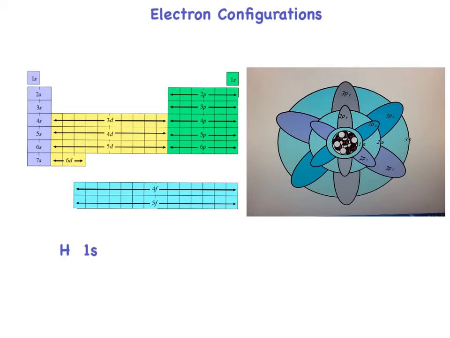And since hydrogen has 1 electron, I'm going to indicate that on my electron configuration like this. So hydrogen's electron configuration, since it's in the first energy level and the s sublevel, and it has 1 electron, is 1s1. And a hydrogen atom, of course, would have just 1 proton here in the nucleus and 1 electron right there. That's all there would be to a hydrogen atom.